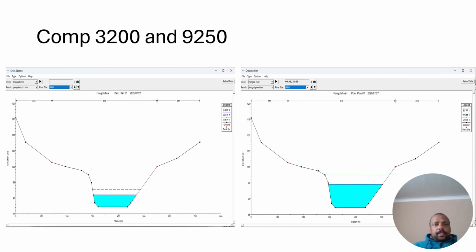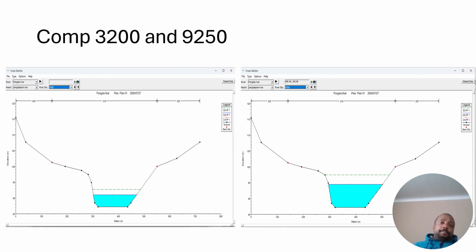Now we get to the second parameter that we are required to look into, which is something that happens twice in 100 years. 2 over 100, 1 over 50. That will be a frequency.